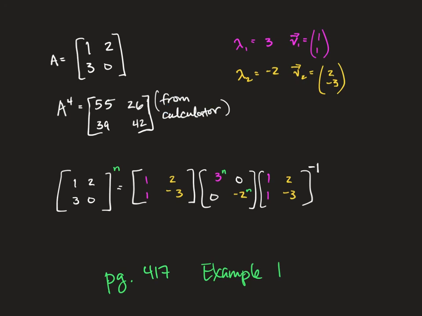If you didn't have a calculator or you were too lazy to do this 4 times, you'd find the eigenvectors and the values. Then you set up the eigenvector matrix. You set up the eigenvalue matrix down the diagonals. You raise it to whatever power you want, and then, voila, this will be equal to A to the n. Let me know if you have questions.